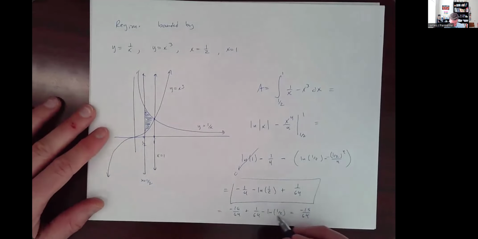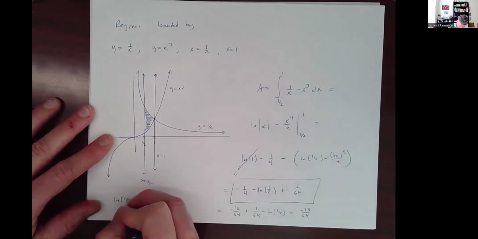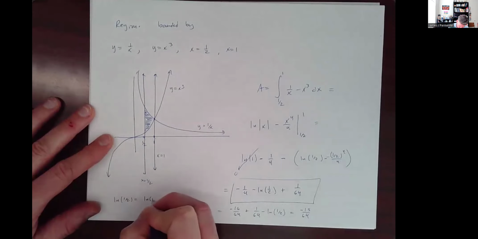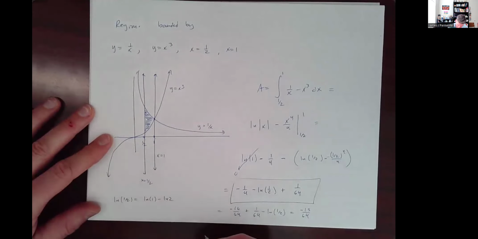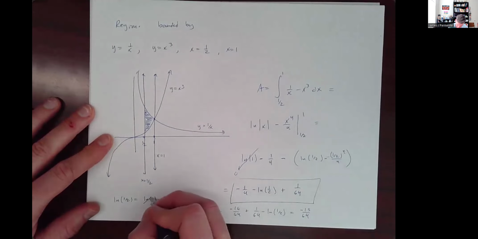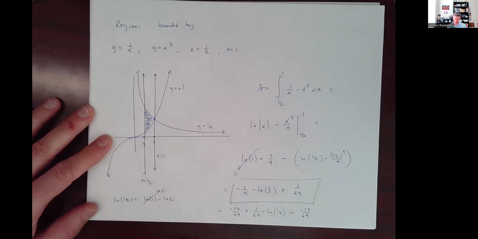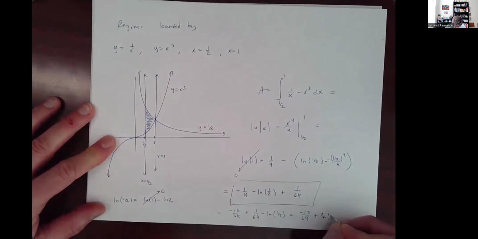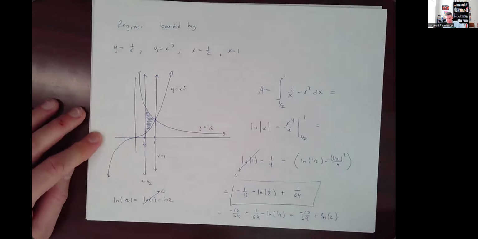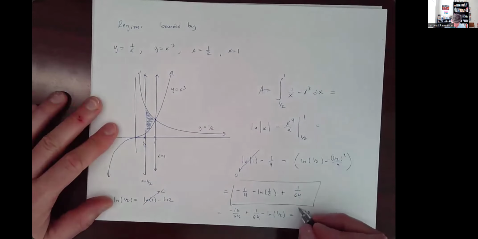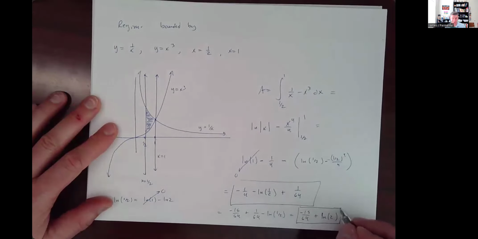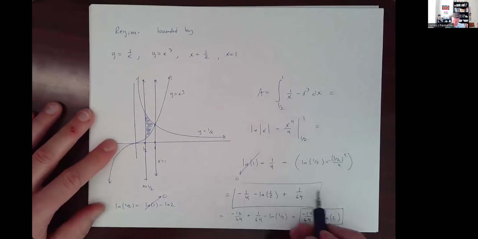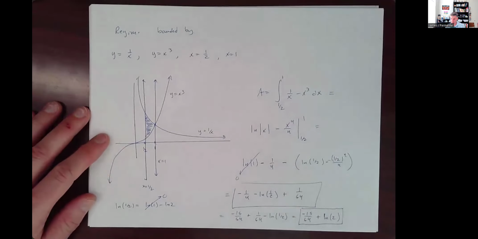You could write natural log of 1/2 as the natural log of 1 minus the natural log of 2. And the natural log of 1 is 0. So the negative natural log of 1/2 is the positive natural log of 2. And natural log of 2 is about 0.7. That's a lot bigger than 15/64. So this answer is positive, even though if you write it this way, it might not appear that way.